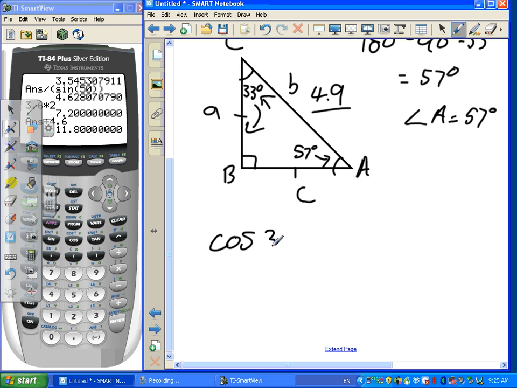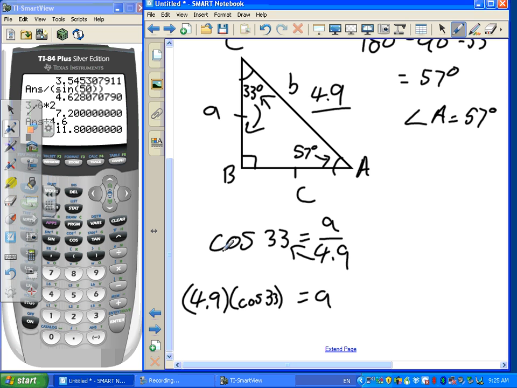So cosine 33 degrees is equal to the adjacent side, which is our side A, over 4.9. Okay? I need to isolate for A, so I'm going to bring 4.9 to the other side. And when I do that, it becomes multiplied by. So this becomes 4.9 times cos 33 is equal to side A.